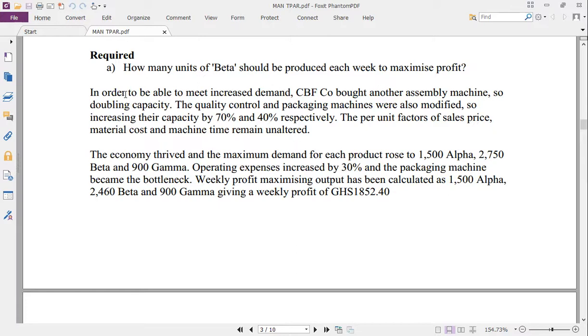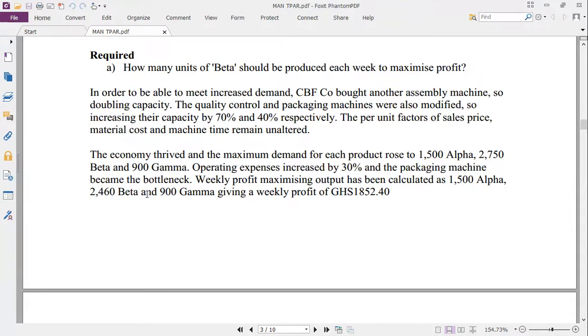Packaging machine, not the quality control that we know. The weekly profit maximizing output has been calculated as 1,500 alpha, 2,460 beta, and 900 gamma, giving a weekly profit of what? 1,852.4. All these figures, your homework will be to confirm those figures for me, how they arrive at this figure and those optimum production plan.